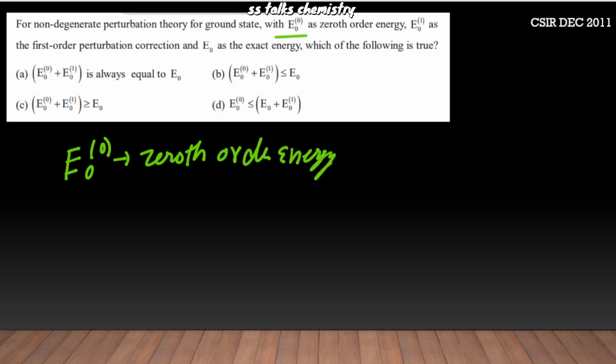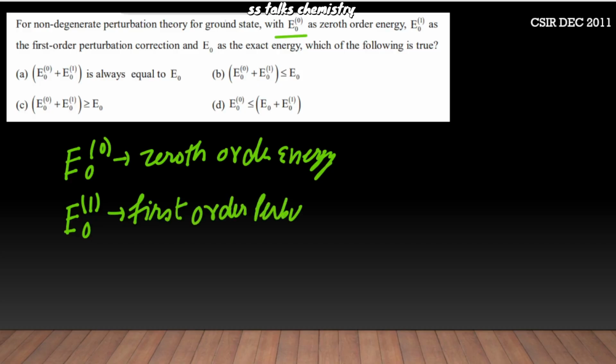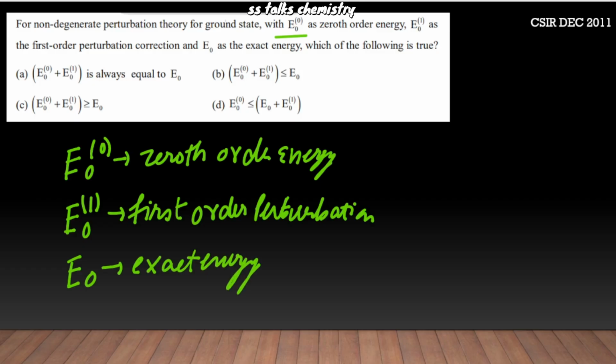And E01 is the first order perturbation that has been applied to it, and E naught is the exact energy in this, right? So for this, we have to tell the relationship between them.